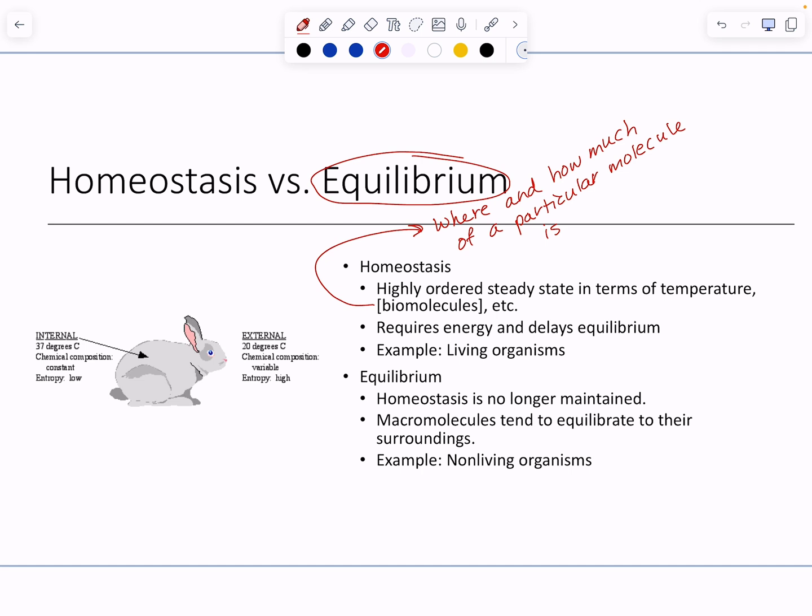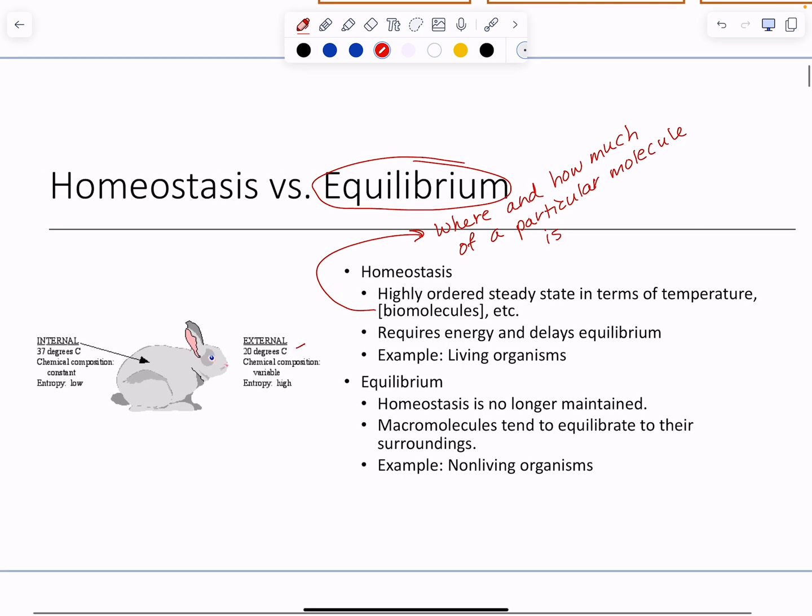And so if we look at the rabbit, he's sitting here in the classroom. That's 20 degrees Celsius, roughly room temperature. But the internal temperature that both humans and rabbits maintain is 37 degrees Celsius, right? And so that heat has to come from somewhere.